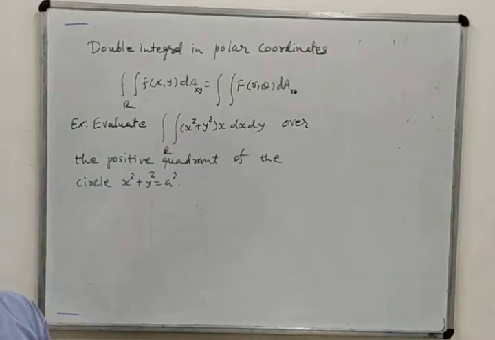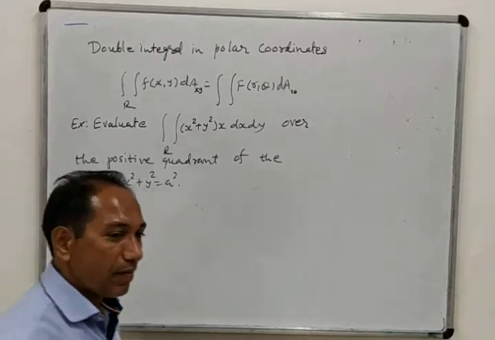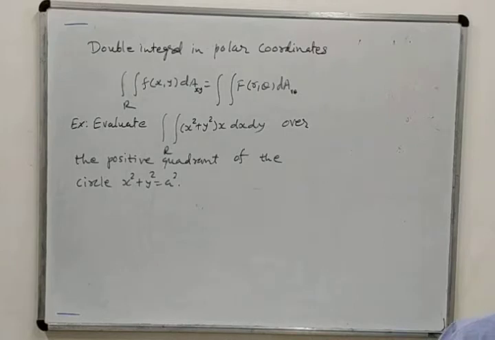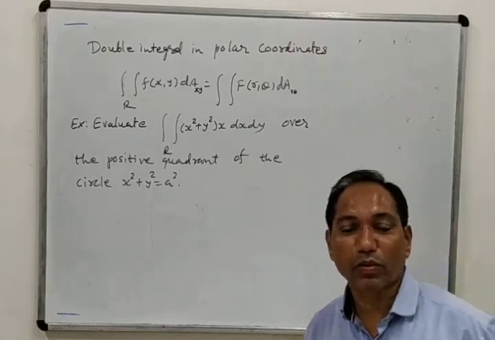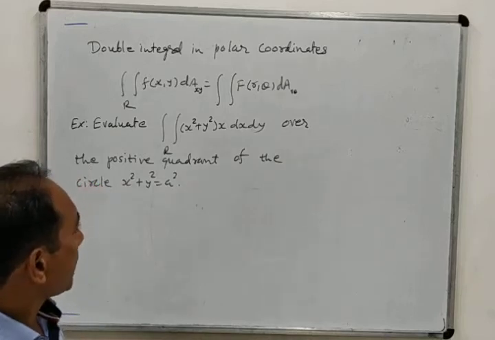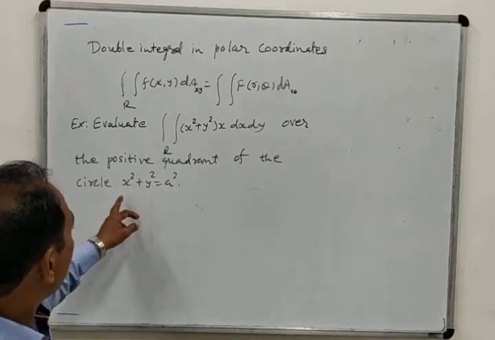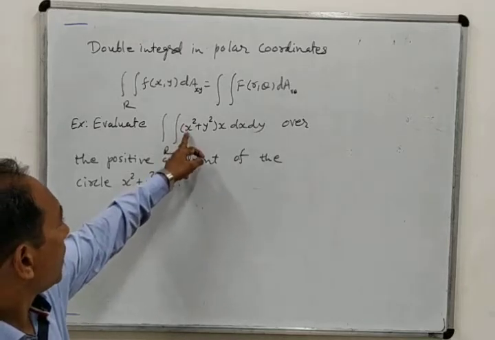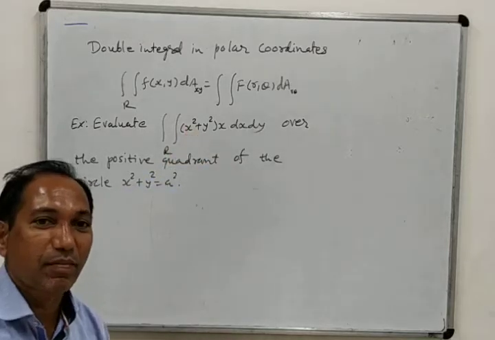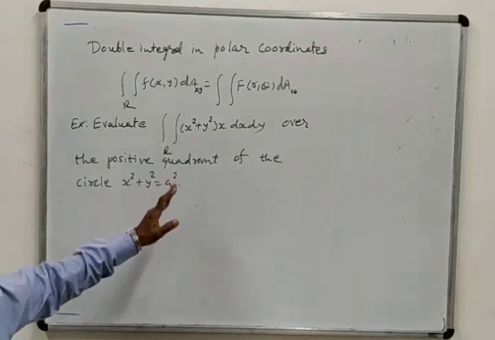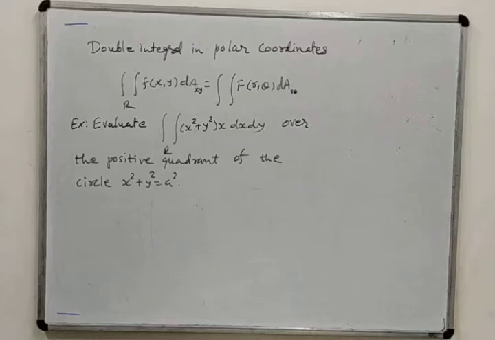Actually it is not advisable to convert all problems from Cartesian into polar coordinates. Some problems become simple when, as a region, we are given a circle, or when the integral contains x square plus y square. Such problems are easier to solve in polar coordinates.